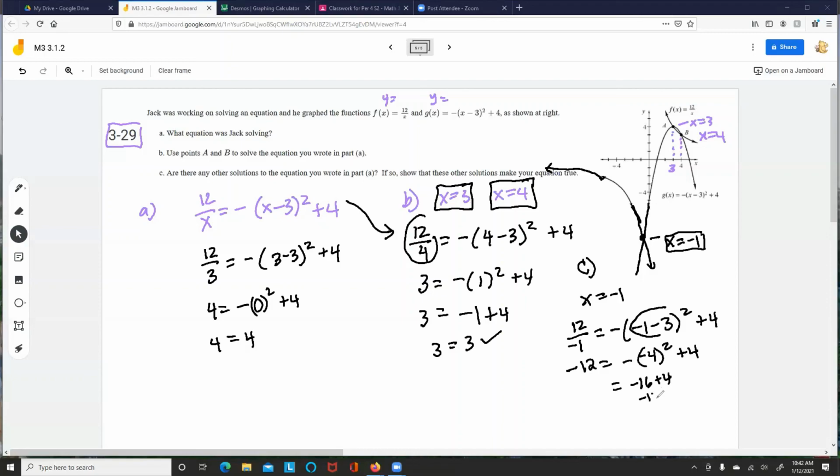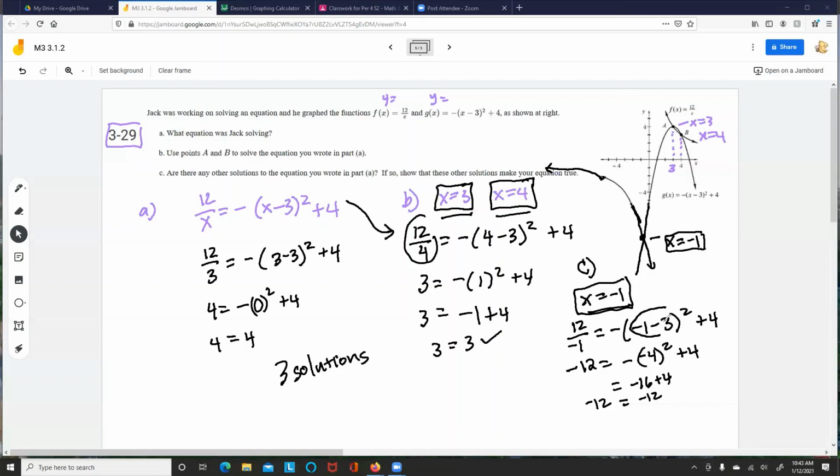So that gives me negative 12 equals negative 12. So indeed, there is actually one more solution. So this problem has 3 solutions, right? Not just 2. We only saw 2 because the graph wasn't big enough. The window wasn't big enough. But we know if this is a curve and that's a curve, they're going to intersect one more time. So there's actually 3 solutions: x equals 3, x equals 4, and x equals negative 1.